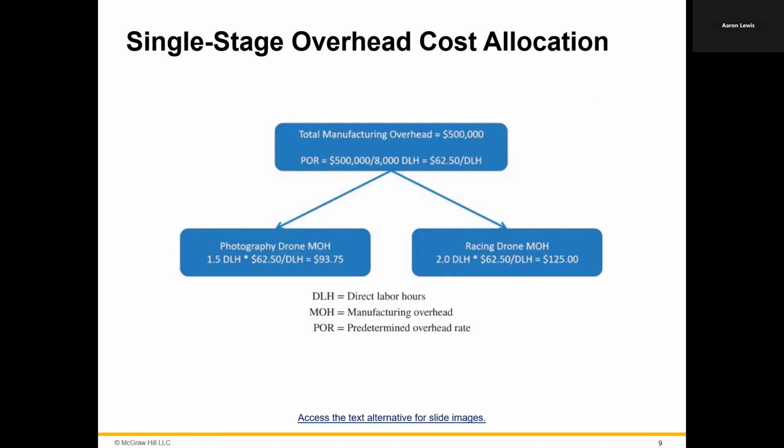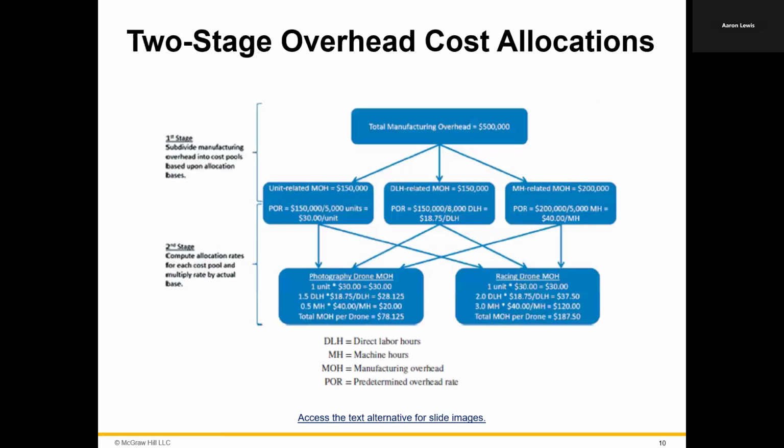And if you go through over here, you can figure out how much cost would go into each unit that's produced. Under this simple system where we have just one overhead pool, we already determined that each photography drone would have 93.75 in overhead assigned to it, while each racing drone would have 125 assigned to it. Well, how is this going to differ if we use a two-stage, more refined system?